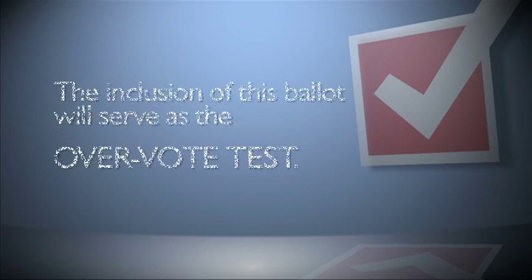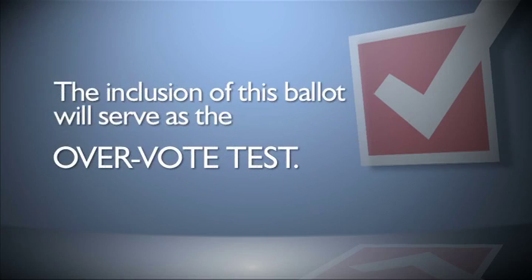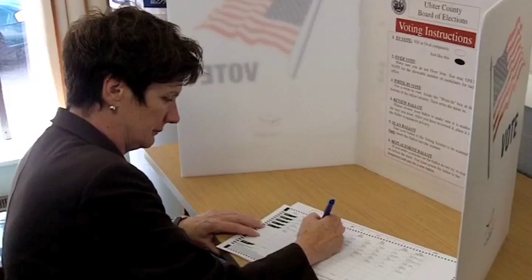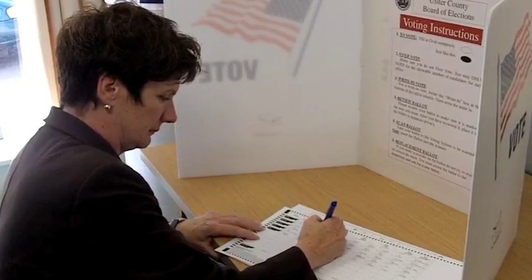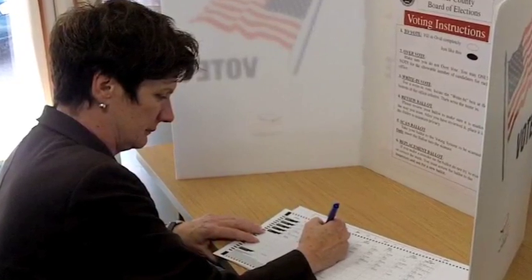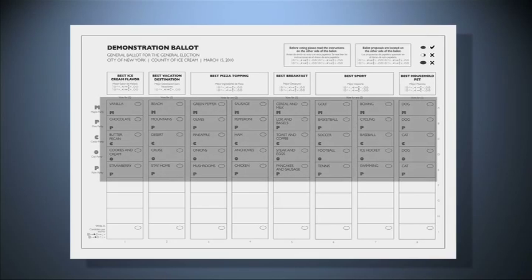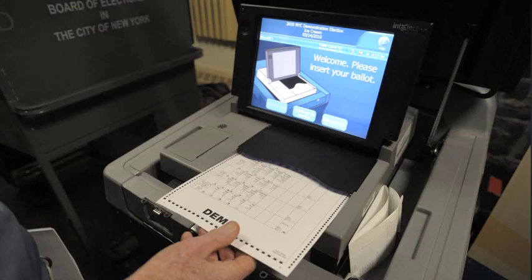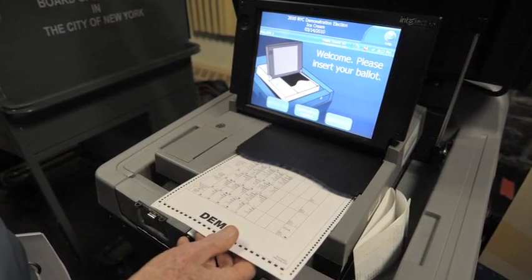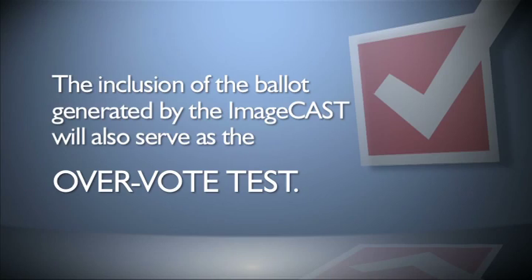Keep in mind that the inclusion of this ballot will serve as the overvote test. If you're using the ImageCast, start by hand marking a ballot, making sure to choose every oval position available, and then scan the ballot. The inclusion of this ballot generated by the ImageCast will also serve as the overvote test.